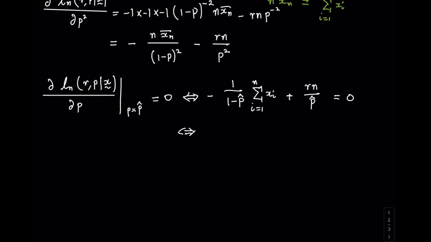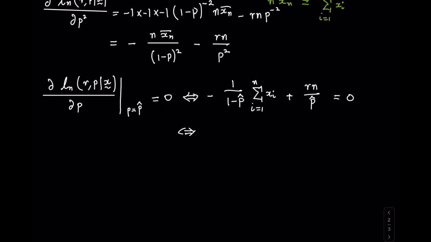To do the rearranging here, what ideally I want to do is get all our p hats on one side. In this particular scenario, the best course of action is probably to first take the -1 on 1 minus p hat onto the other side.